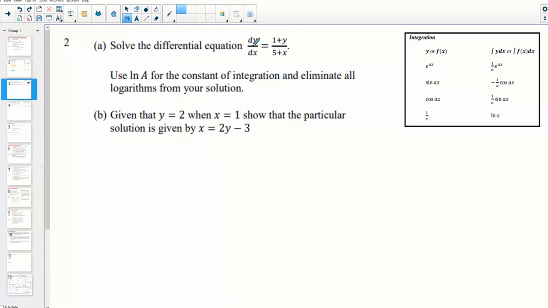Again, the first thing is separating the x's and the y's. So dy is on the left already, so I'm going to move everything y related to the left. So divide by the 1 plus y on the left, then therefore I have dy divided by 1 plus y.